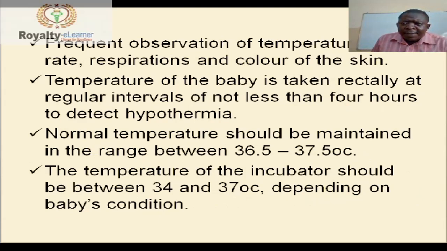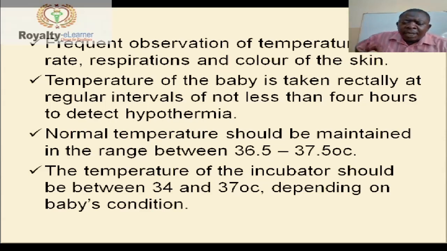Temperature of the baby is taken rectally at regular intervals of not less than 4 hours to detect hypothermia. Babies are at risk of hypothermia. When you're giving 10% dextrose and the like, it is to encourage metabolism of carbohydrates or glucose so that heat is generated.